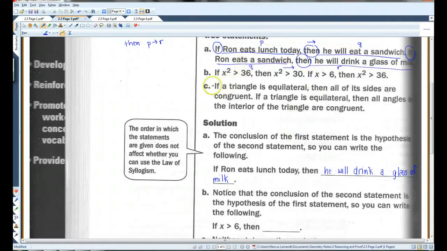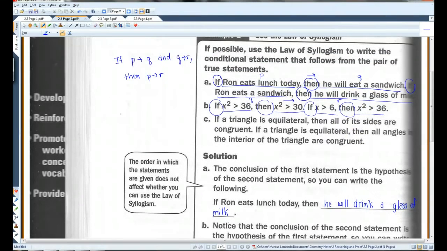All right, so for this one, if x squared is greater than 36, then x squared is greater than 30. If x is greater than 6, then x squared is greater than 36. Now, in this case, they put things a little bit out of order. They made it a little bit harder for us this time.